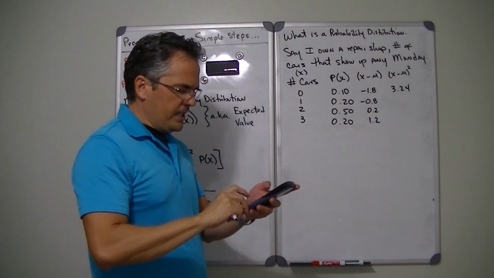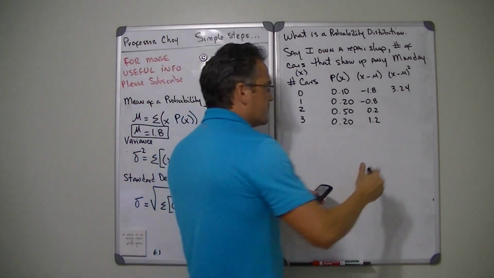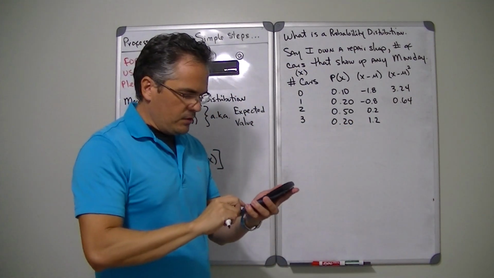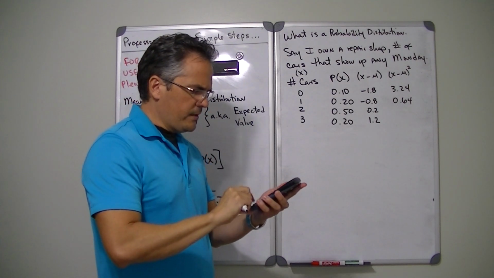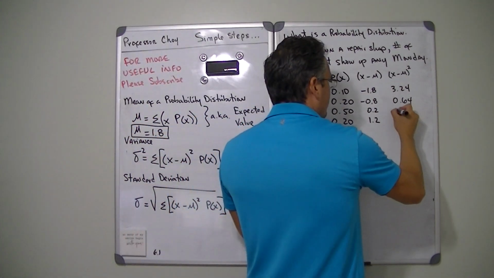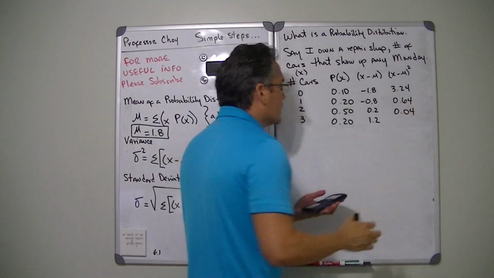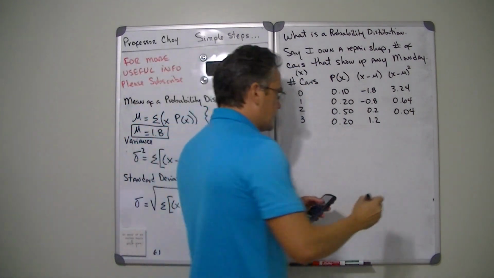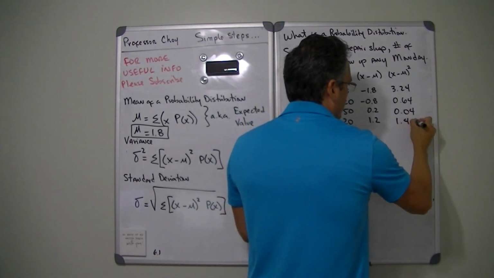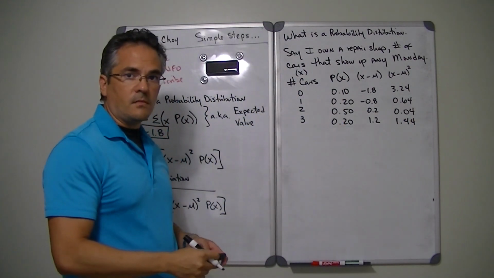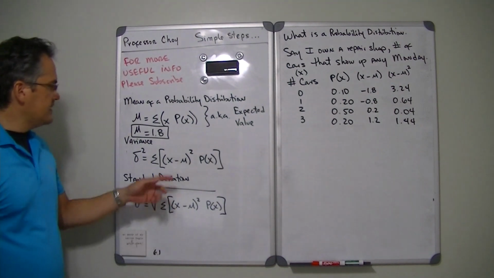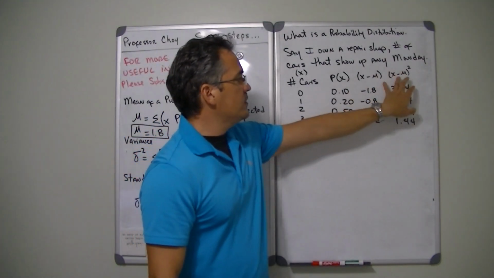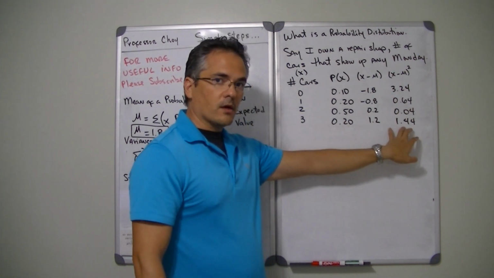Then I'm going to do negative 0.8 squared. That's going to give me 0.64. Then I'm going to do 0.2 squared. And that's going to give me 0.04. And then I'm going to do 1.2 squared. And that's going to give me 1.44. Alright? So again, the formula says x minus mu squared. I did x minus mu, and now I'm doing x minus mu squared.